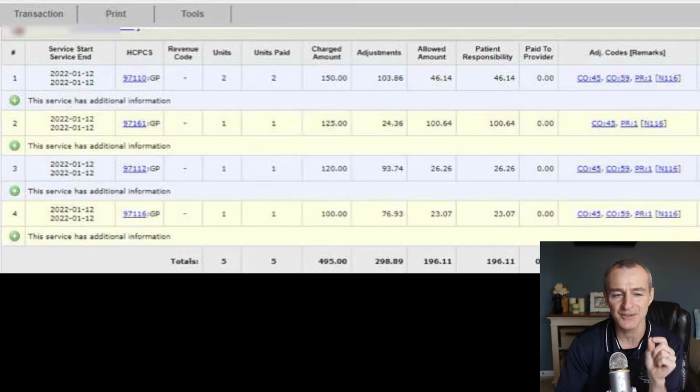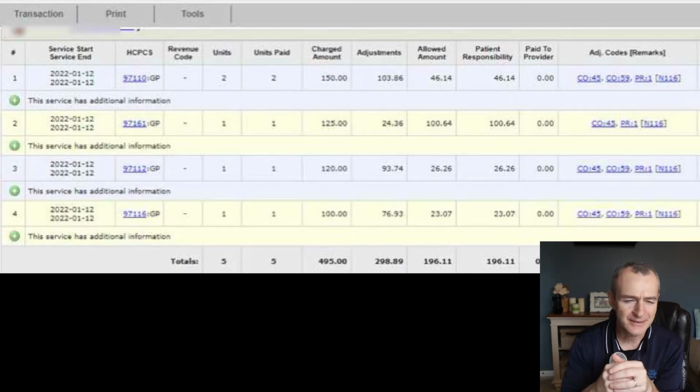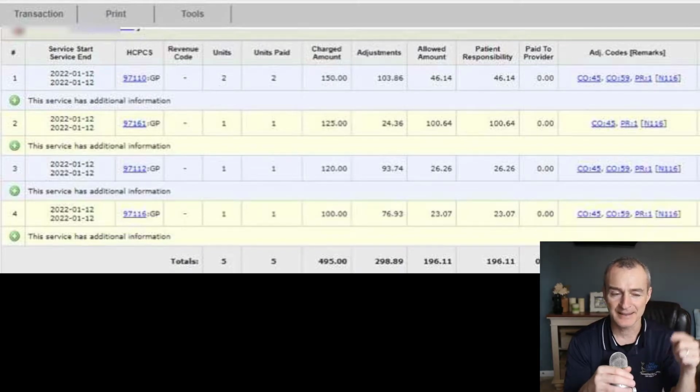Then we can see the adjustments. Some columns will say adjustments, some columns will say discounts, contract reductions. There's different terminology, but basically, if I can read that fuzziness, it's 103.86. And so what you're seeing here is if the charge amount was 160 instead of 150, the adjustment would be 113.86 instead of 103.86.